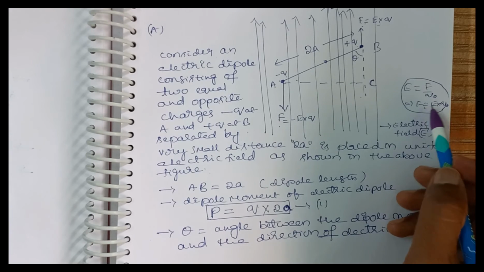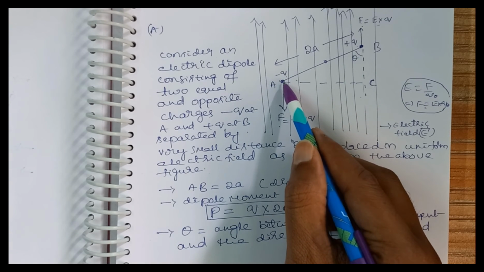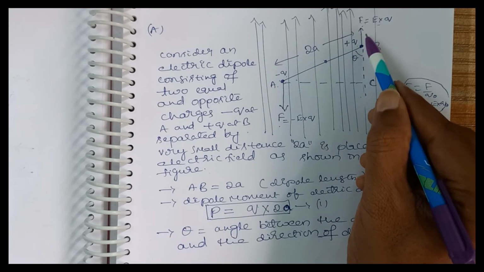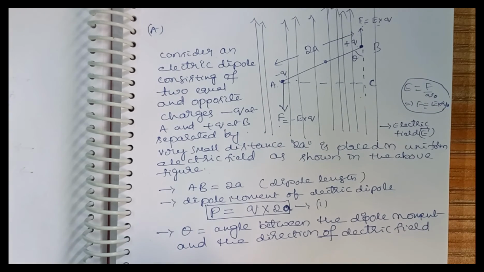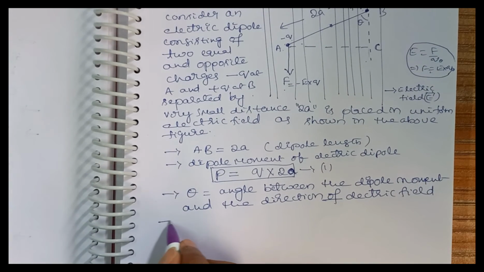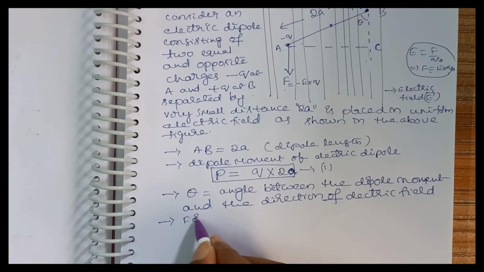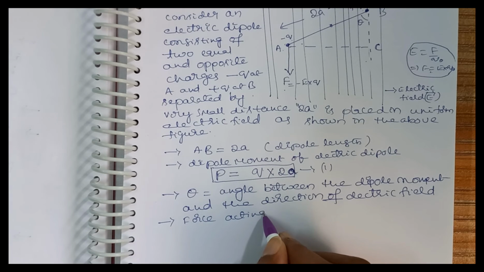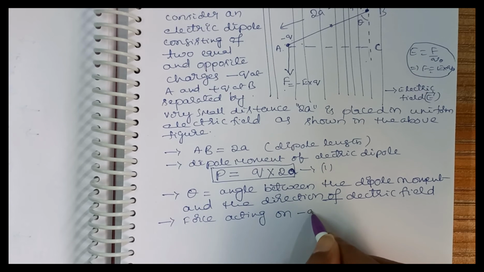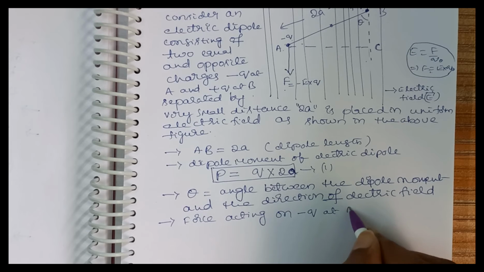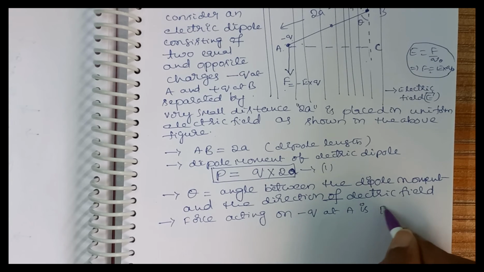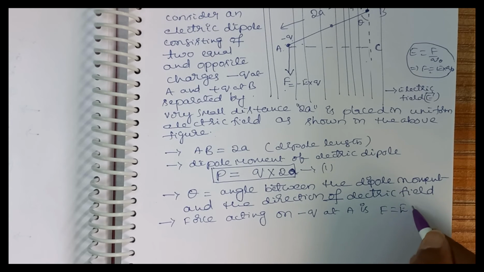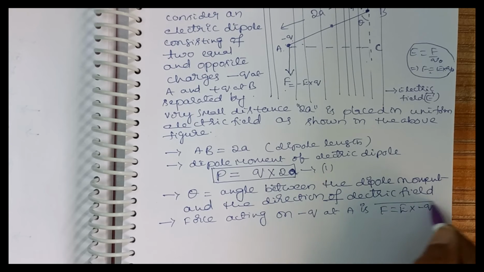So from this, the force acting on minus q at A and the force acting on plus q at B. Force acting on minus q at A is given as F equals E into minus q.